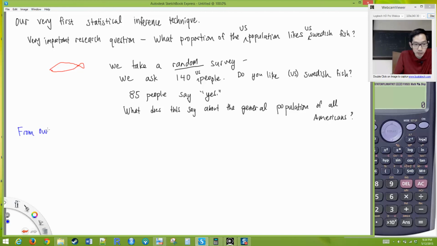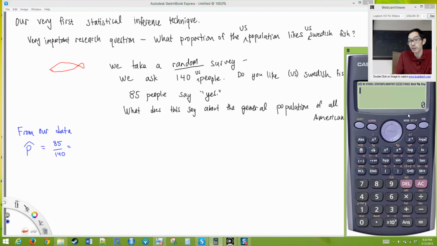we have p hat, our sample proportion, equal to 85 divided by 140. Our sample proportion is not 85 because a proportion is always between 0 and 1.